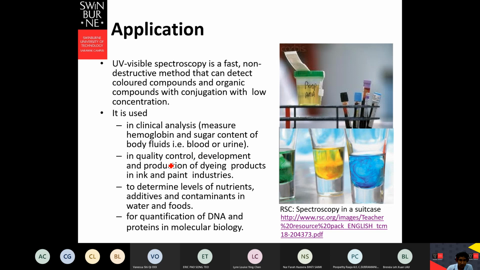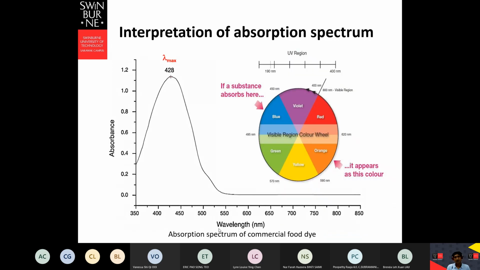The dyeing process, the levels of nutrients in foods and energy drinks, and many things. You can go to the RSC, that's the Royal Society of Chemistry, for more information if you want to know more about it.